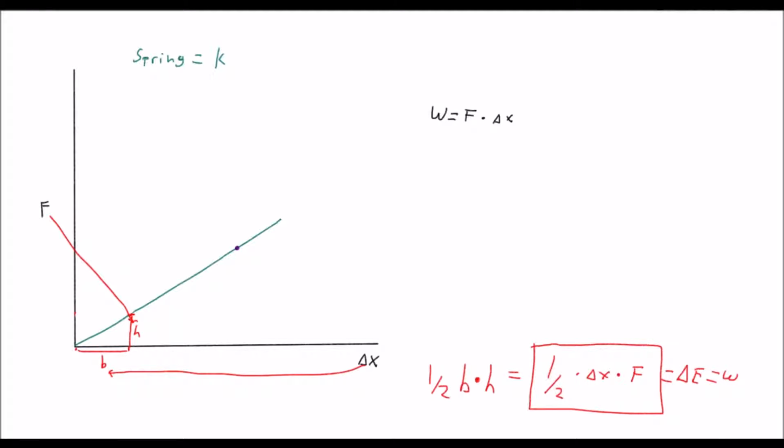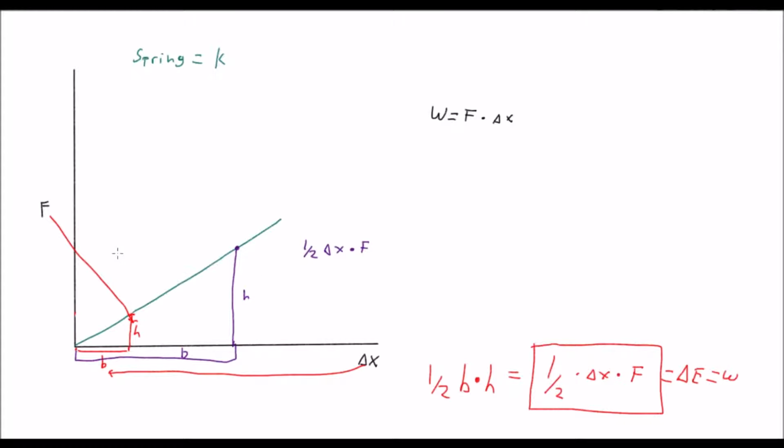We can do the same exact thing for purple. We now know that here's our height. We now know that here's our base. So we know that if I wanted to know the energy of this, it'd be 1/2 delta x times force.